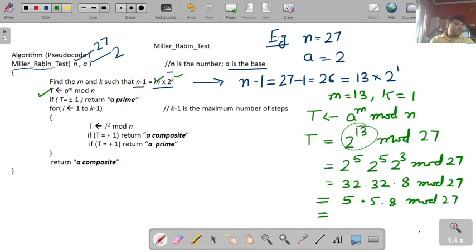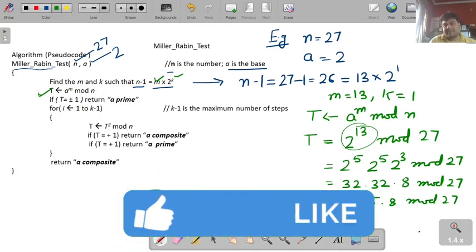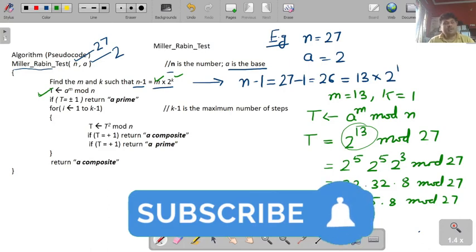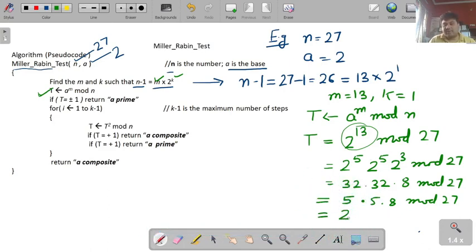When you multiply, 25 into 8 is 200, mod 27. Now take the mod.